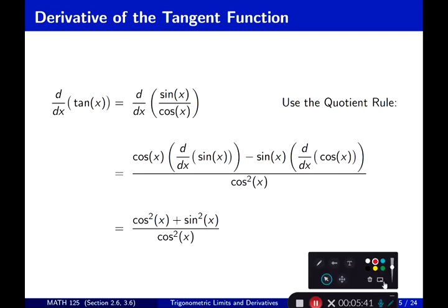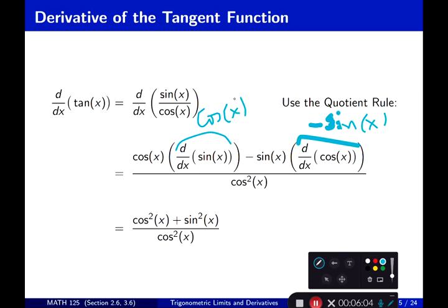Therefore, the second term is negative sine of x times negative sine of x, so you get cosine squared x plus sine squared x over cosine squared x.